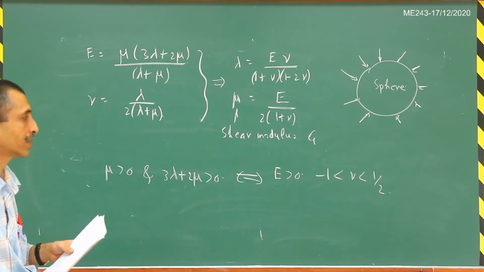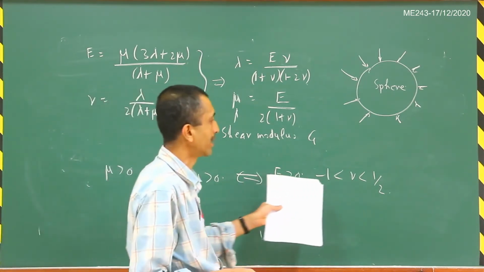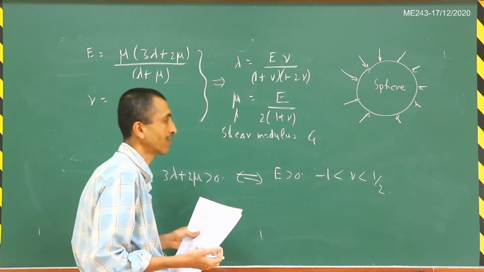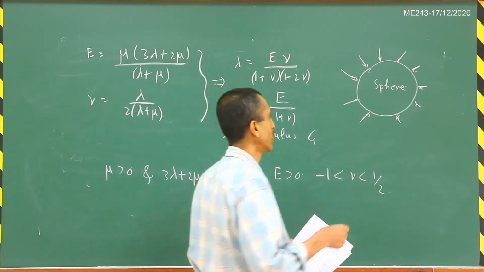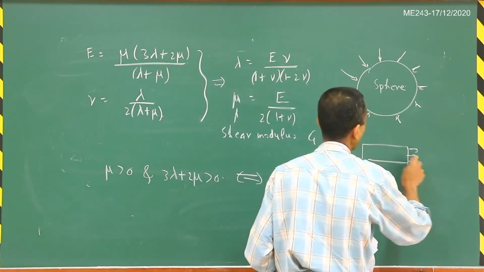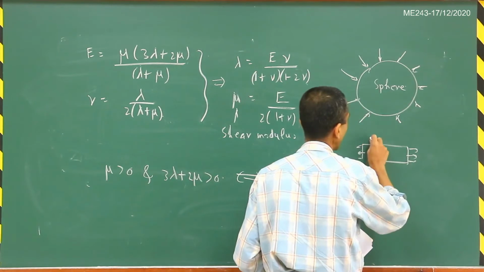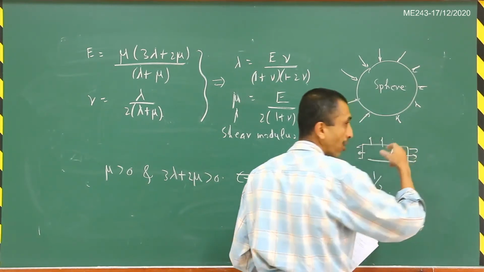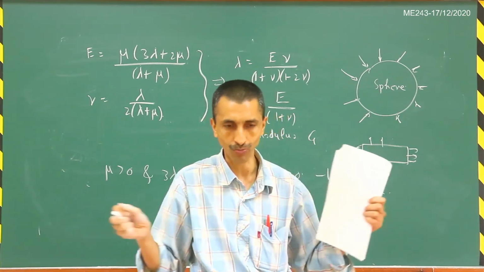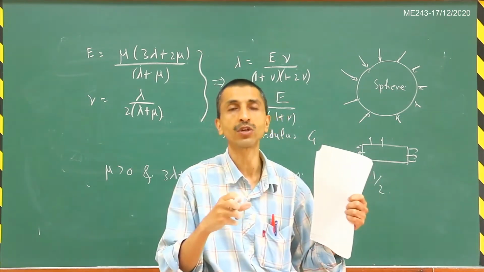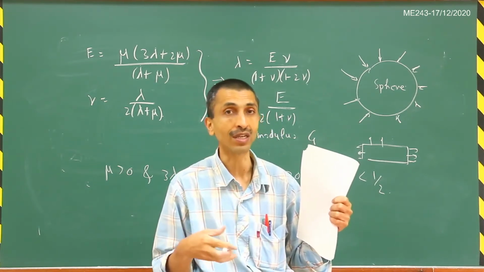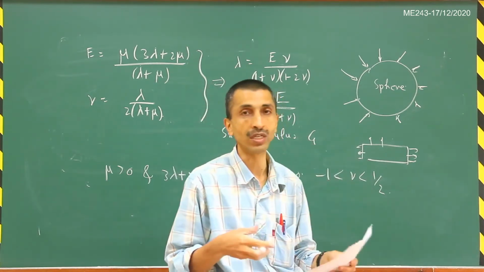The interesting part, of course, is that the Poisson ratio can be negative. So what is the physical implication of that? The physical implication is that if you pull in this particular direction, it expands rather than contracting. In the lateral direction also it is expanding. So the volume is effectively increasing when the Poisson ratio is negative.